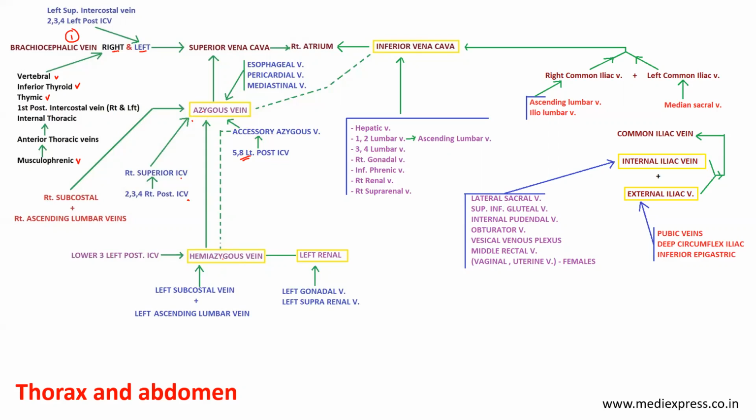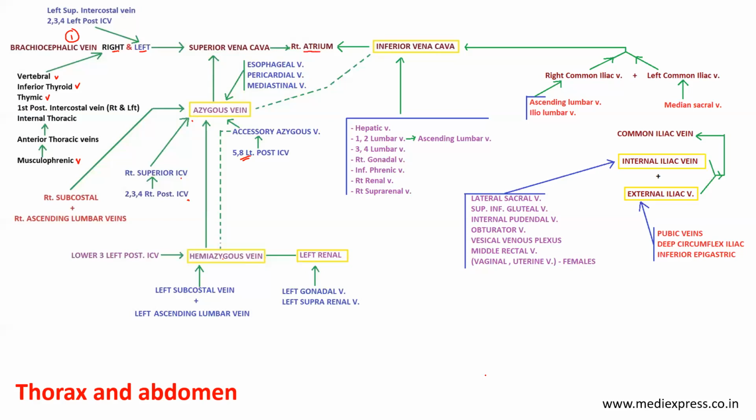Now there are few other tributaries of azygous vein, that is esophageal vein, pericardial vein, and the mediastinal vein. All this together, the blood which will be collected in the azygous vein will be drained into the superior vena cava. Now, from the superior vena cava, we know it goes in the right atrium. Correct? So, right atrium. We'll stop over here now.